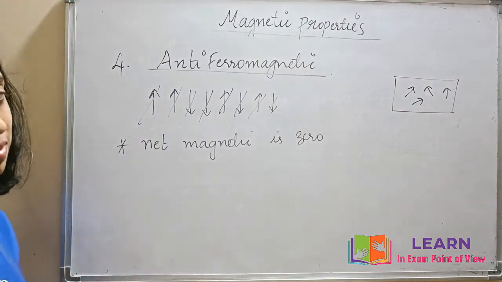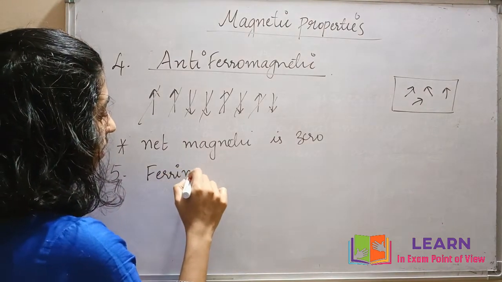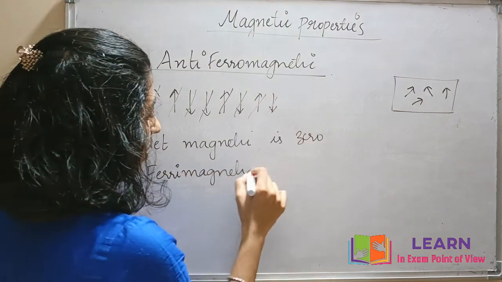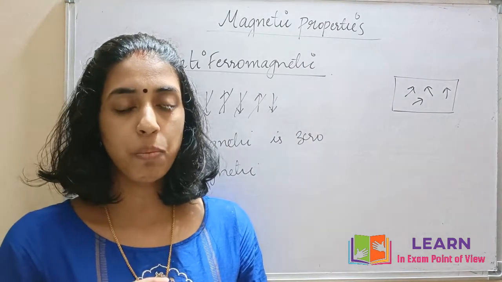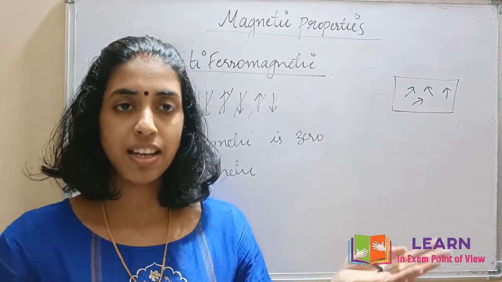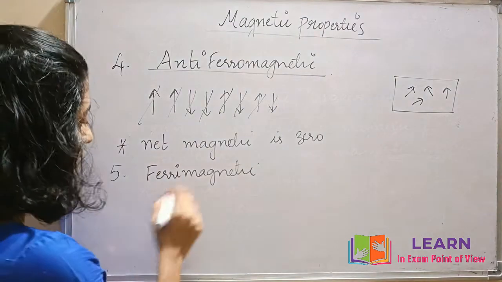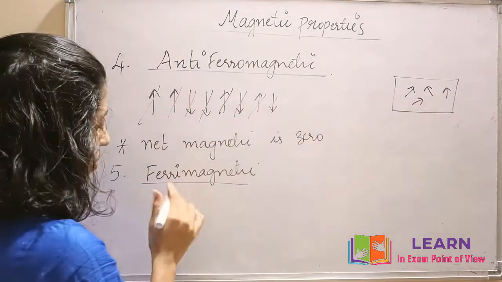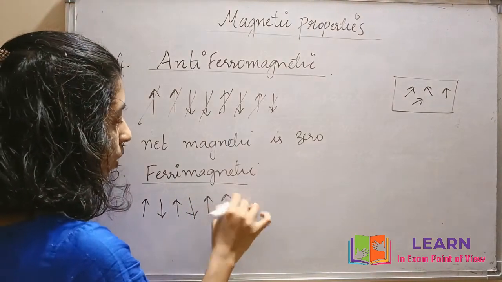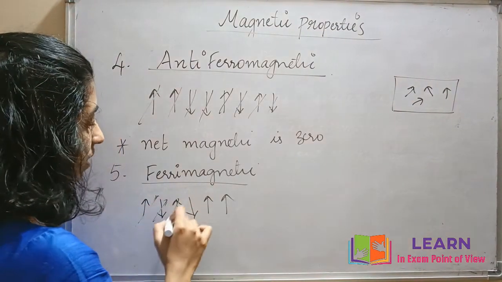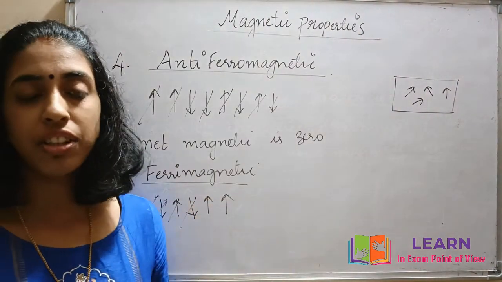Fine, and the last one, the fifth one, is ferrimagnetic. Ferrimagnetic substances show properties between ferromagnetic and antiferromagnetic. That is, it won't cancel everything. If we place this domain in a field, the arrangement will be such that not everything gets cancelled.